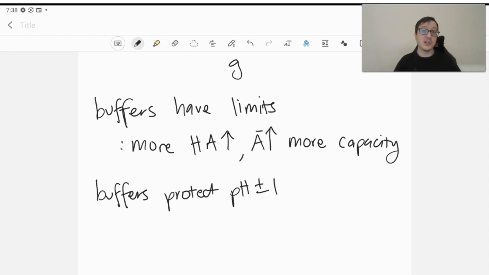At that point, it'll start changing very rapidly because we will have completely used up our buffer capacity. So buffers usually will keep your pH pretty evenly between one pH unit. And again, the more of the conjugates you have in there, the tighter that range is going to be.